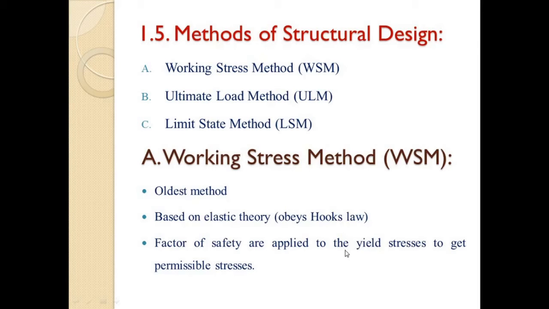Structural members were not allowed to be stressed more than the allowable stress to ensure perfect elasticity. That is, using the factor of safety, allowable stresses are specified with the yield stress as a base. Means safety is ensured by limiting the stress of the material.